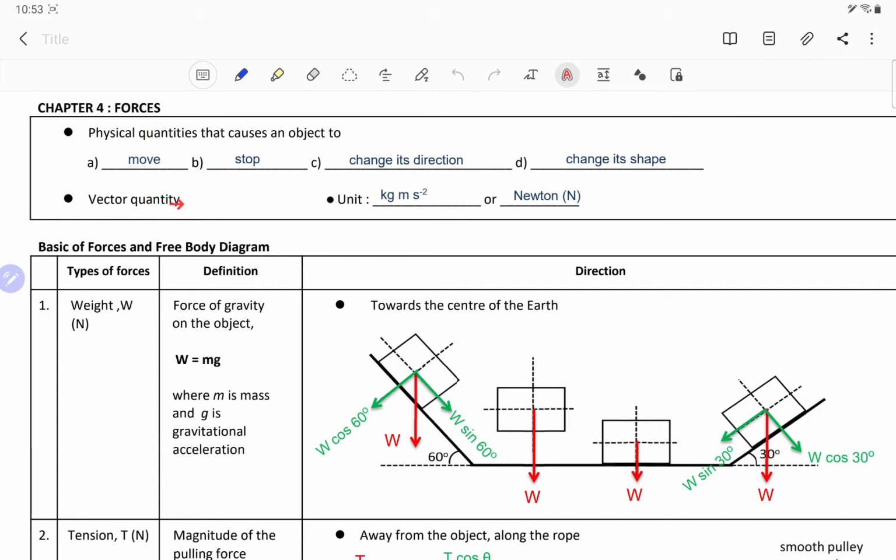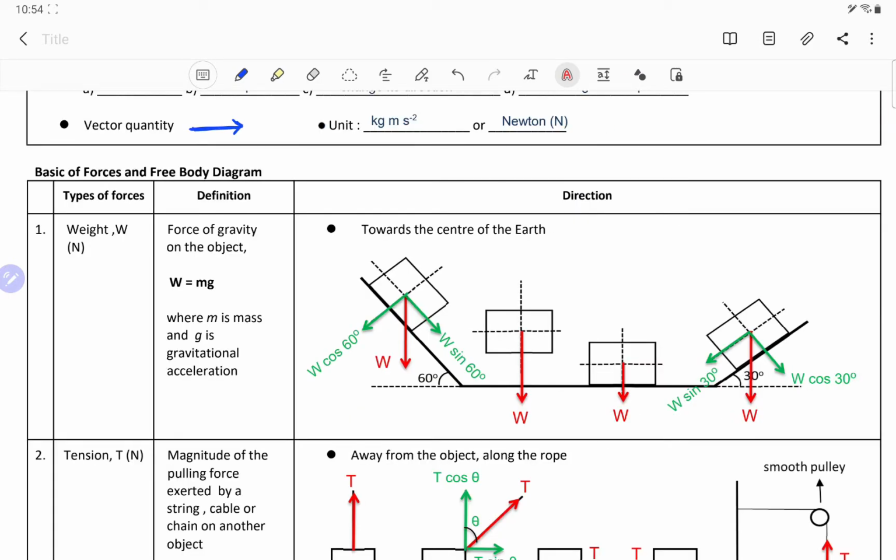So bila kita kata vector quantity, the value you should give with the magnitude and direction. Vector quantity is represented by arrow. When we want to draw a free body diagram, we are going to use a lot of arrows. The unit for force is Newton.